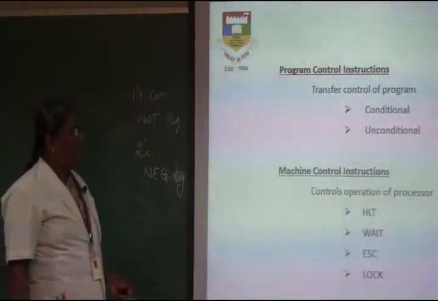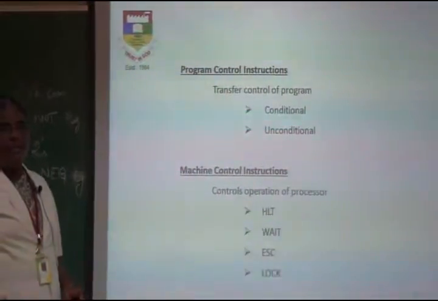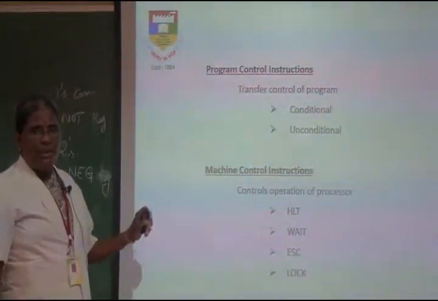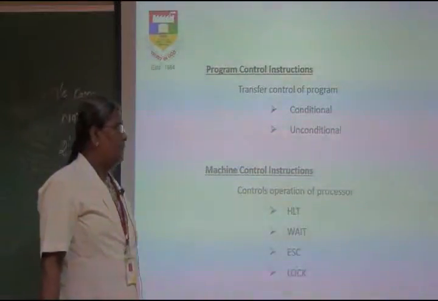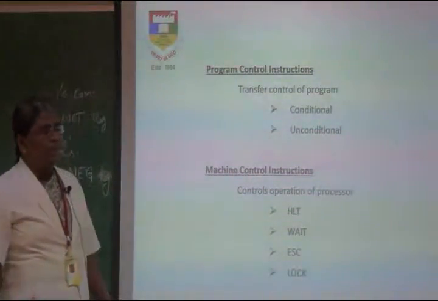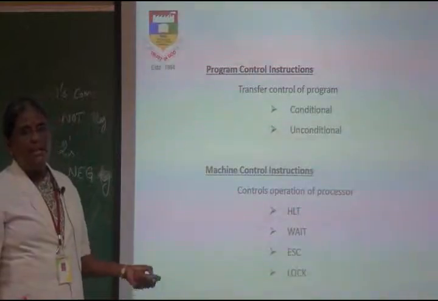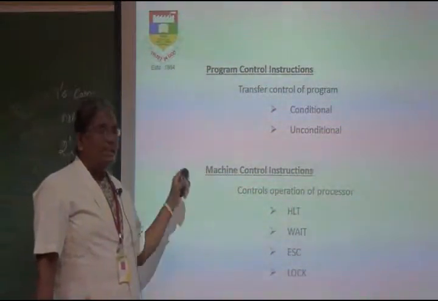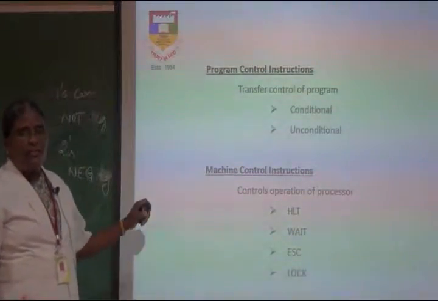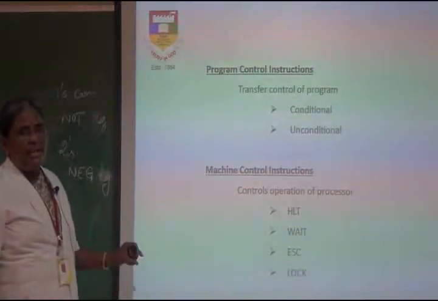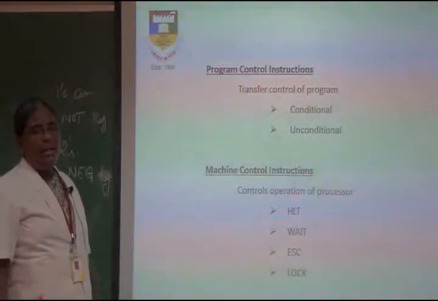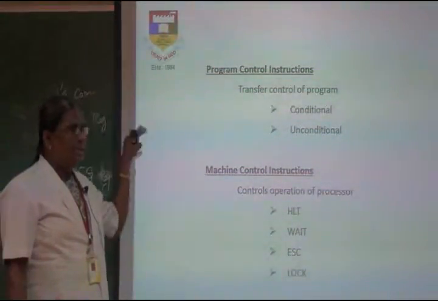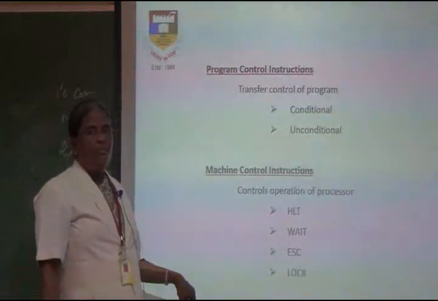Then program control instructions. Program control instructions will transfer the control of the program from one place to another place. There are two types of program control instructions. One is conditional, another one is unconditional. Conditional means it will check the conditions of the flags: sign, zero, carry, parity and overflow. Then the control will be transferred to the specified location.